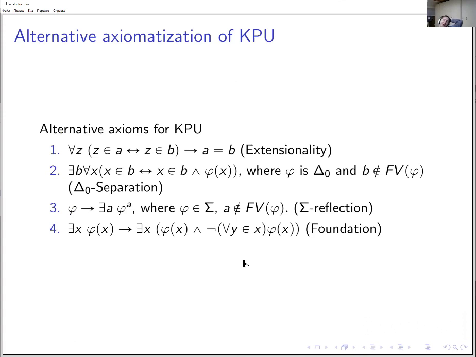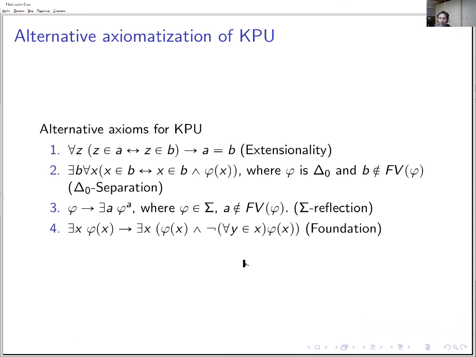In fact, the nice feature of sigma reflection is that it allows for a more compact axiomatization of Kripke-Platek theory. It's possible to remove from the axioms of Kripke-Platek theory the axioms of pairing, union, and sigma 1 collection, and just have the axiom of sigma reflection.